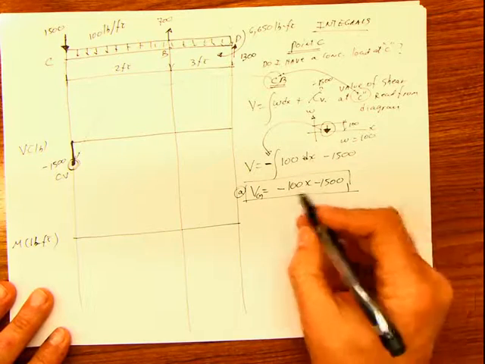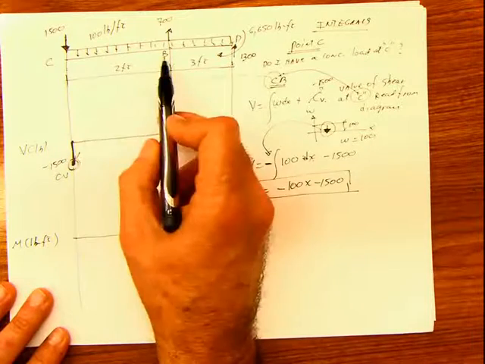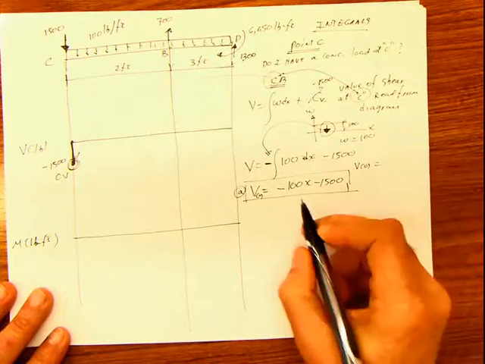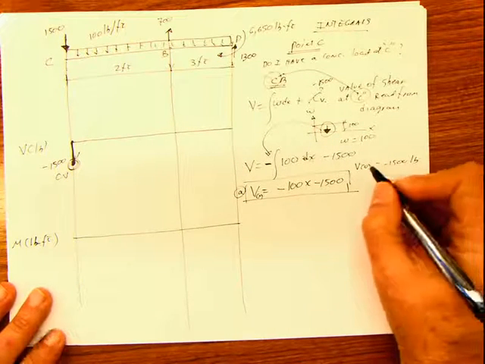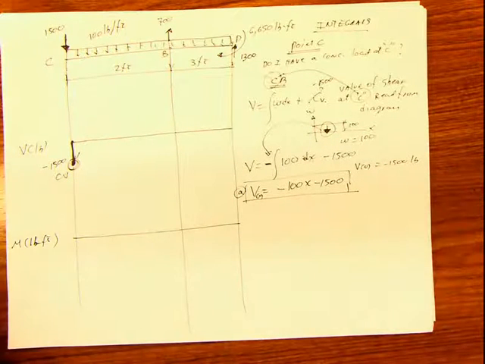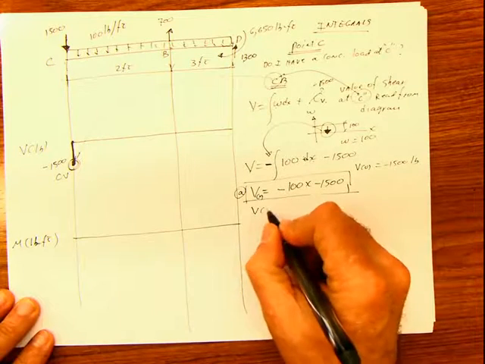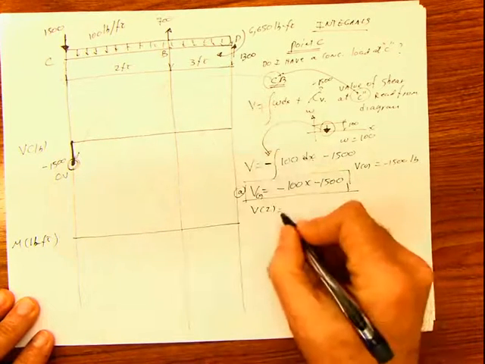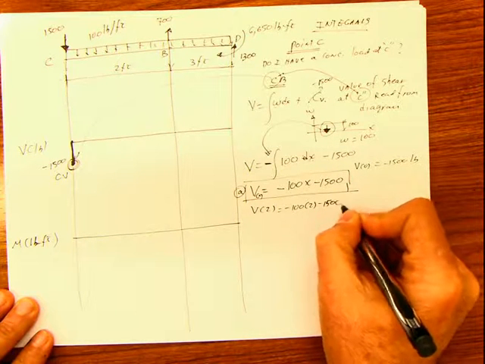Then you do the evaluation between the span that you are analyzing, because you are here between 0 and 2. So if you say V of 0, you put 0 here, this is going to be negative 1500 pounds. And if you say now x of 2, so if I have to calculate at the end of this span, then this is going to be negative 100 times 2, minus 1500.